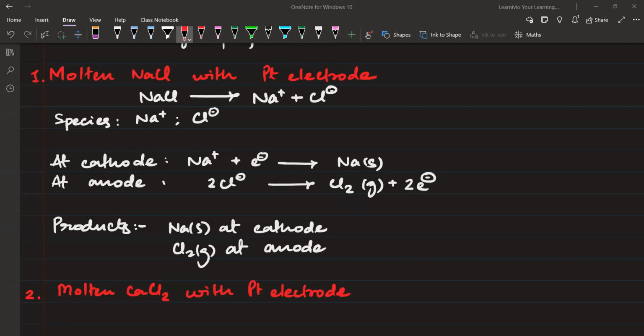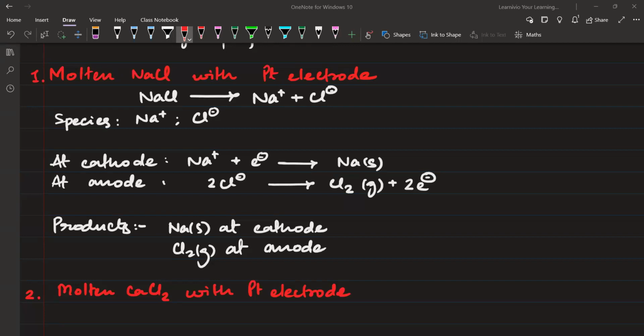Till species everything is fine. Then look at cathode what you have written, at anode what you have written, and what you are doing there, and how we have done it. So calcium will come at cathode. Let's see, do you have Cl2?